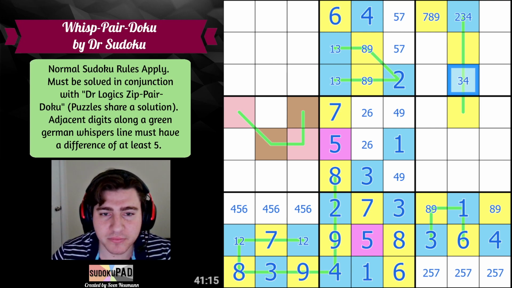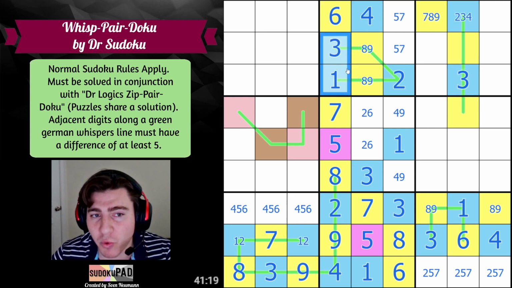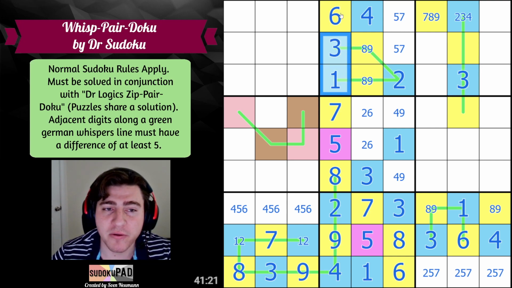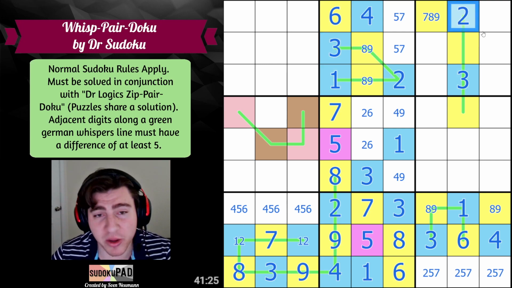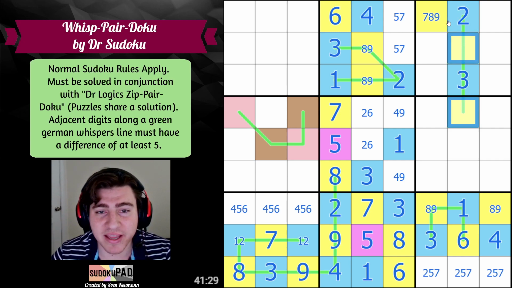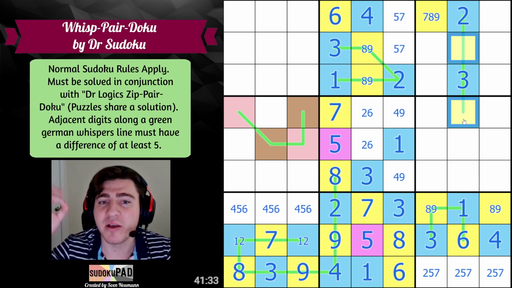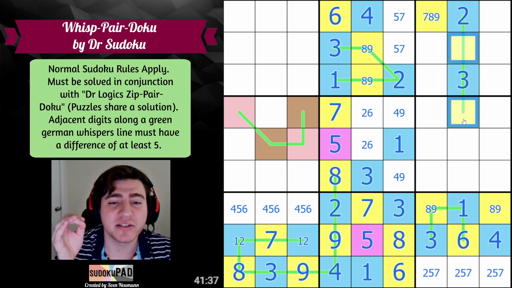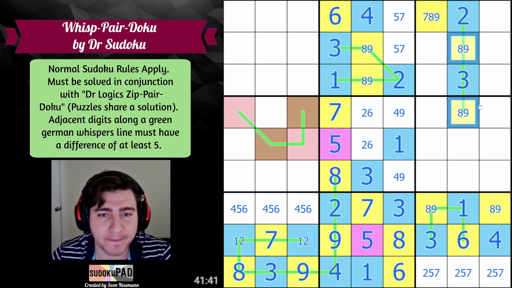Given that, it can't be a 4 by German Whisper, which gives us a 1, which resolves our 1 3 pair from box 2, right? And it gives us a 2 above, exactly. And it does a little bit more. It gives us an 8 9 pair as those two cells there, cell 5 of box 3 and cell 2 of box 6 as an 8 9 pair.